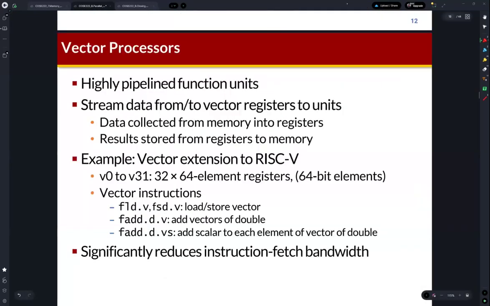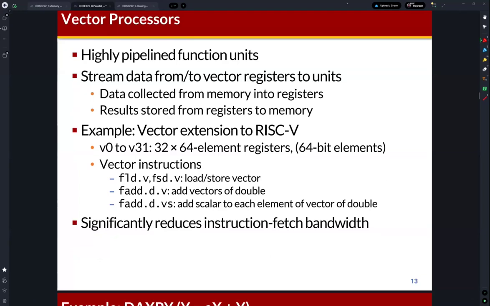As I mentioned, the vector processor handles vector type data. RISC-V also has the vector extension. In the vector extension of RISC-V, there are vector type registers, like register number V0 to V31. RISC-V also supports vector type instructions, and you can find the postfix .v, which means they are vector type instructions.